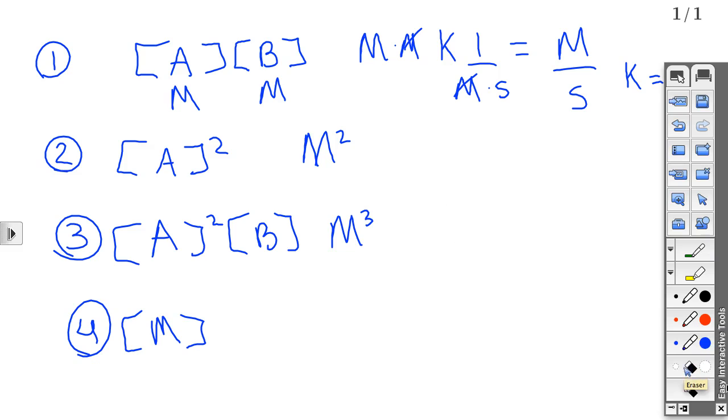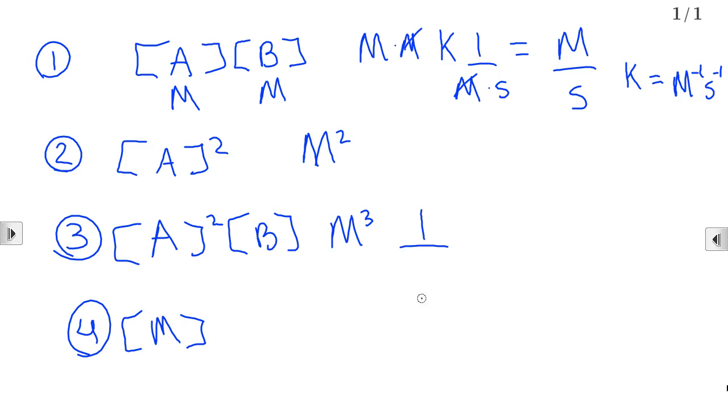To make it cancel to be molarity per second, I have 2 M's left on the bottom, so it's M squared on the bottom times second. And so this is the unit for my K. And then I get out of that this, which is what I need for a rate: concentration over a unit of time.